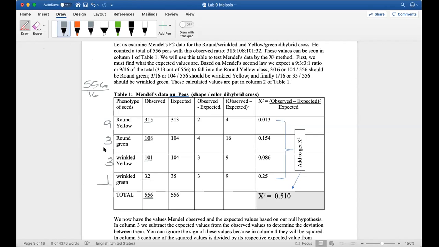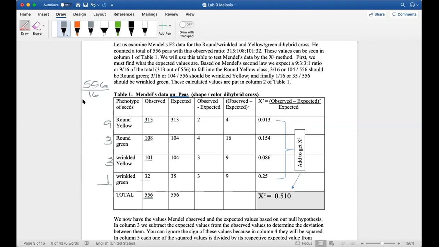Because we expected 9 out of 16 to be round and yellow, 3 out of 16 to be round and green, 3 out of 16 to be wrinkled and yellow, and 1 out of 16 to be wrinkled and green. So let's do 556 divided by 16. Let me pull that up for you on my calculator.